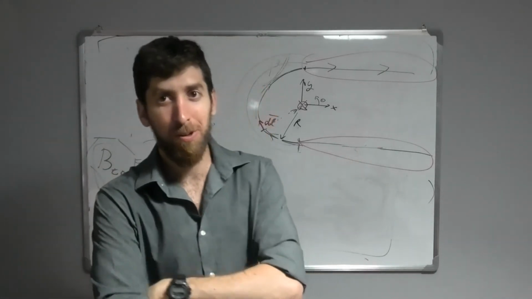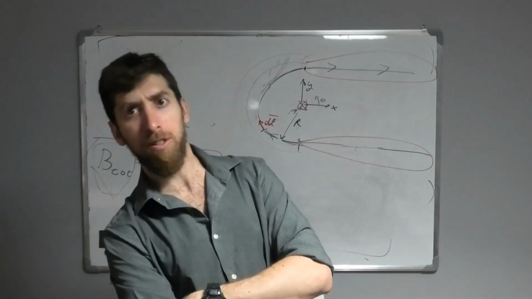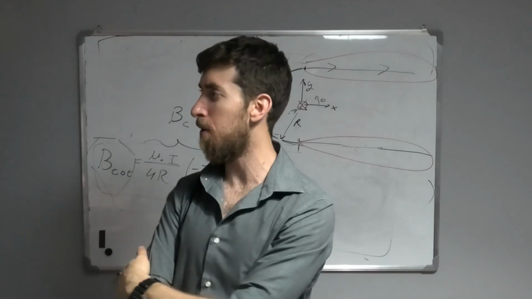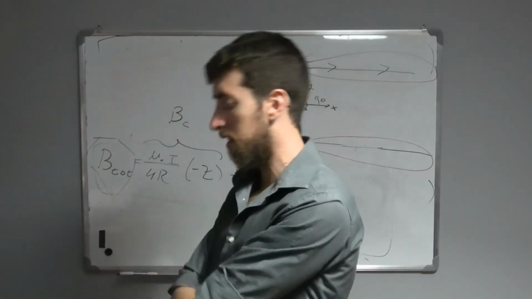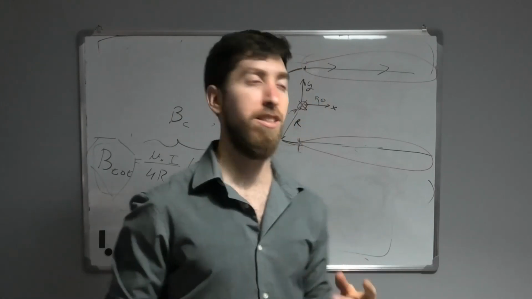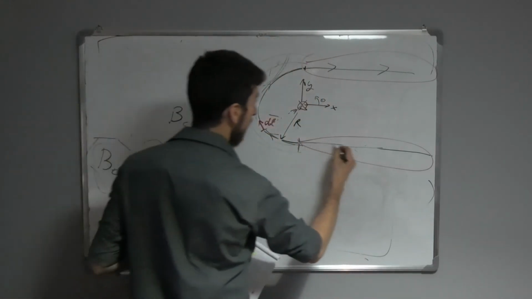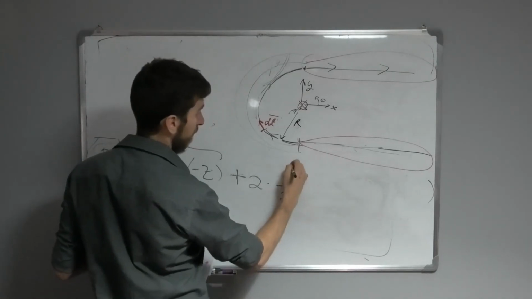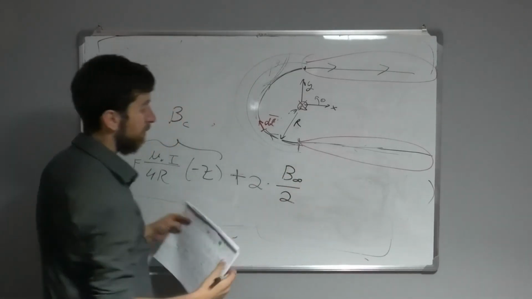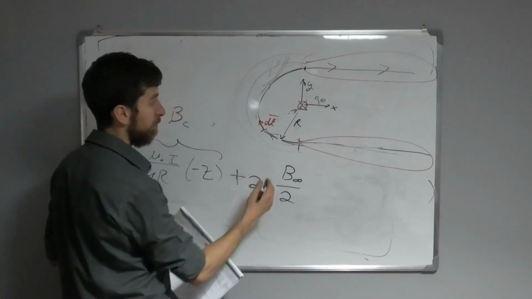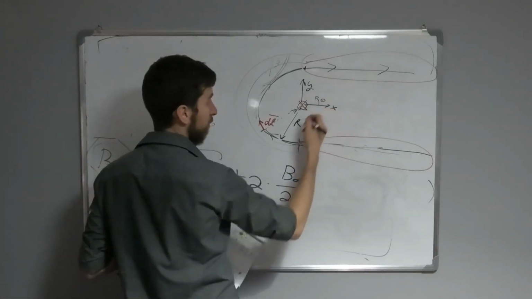Why? Because the bird looked to the left and saw, wow, I see a line, or I see the wire. And then she looks to the right and says, oh, I see just next to me a curved line. So it's half of an infinite line, okay? So an easy way to do it is just say it's half of B infinity, the B of the wire, right? But I have two of them, because I have a contribution from here and a contribution from here.